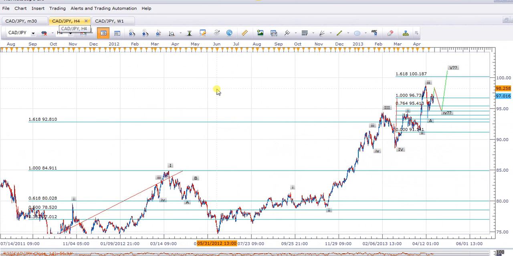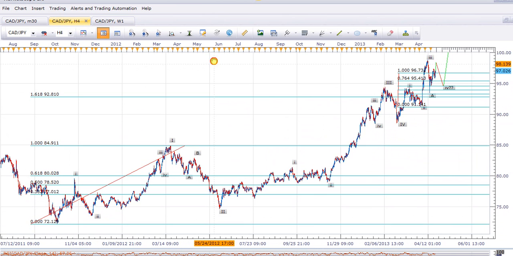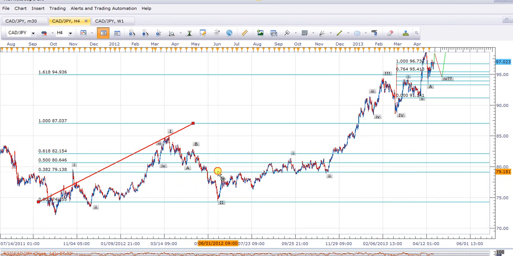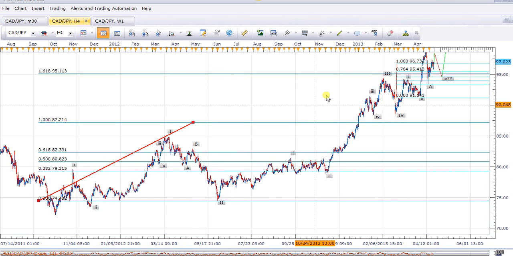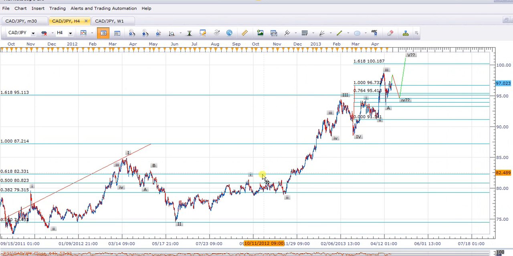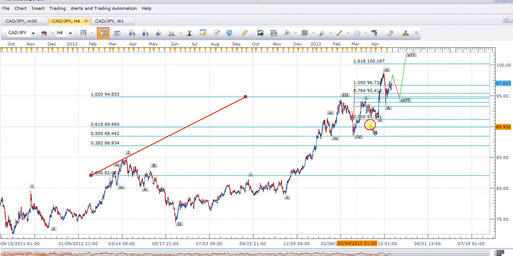Now dropping down on the 4-hour charts, we get a closer look at that C wave. So we see that this is our wave 1, and then wave 1 retraced about 78%, 76.8%. And then if we move that up, we see that wave 3 is actually the extended wave, as it is 161% of the move of wave A. So we should expect our target of wave 5 to be the same distance as wave 1.